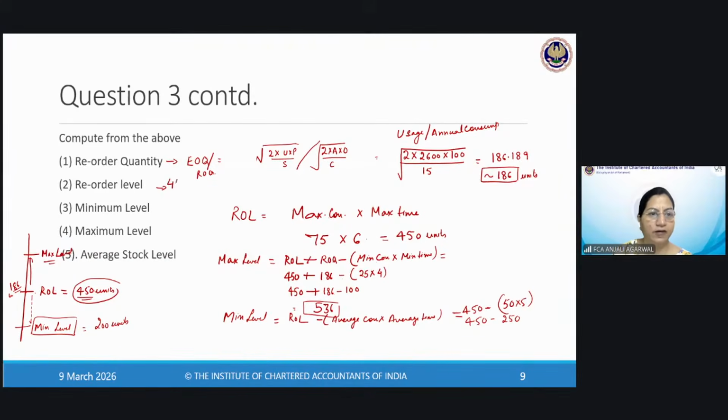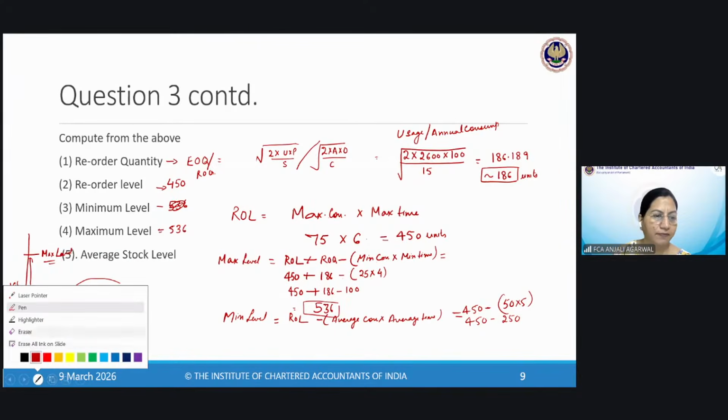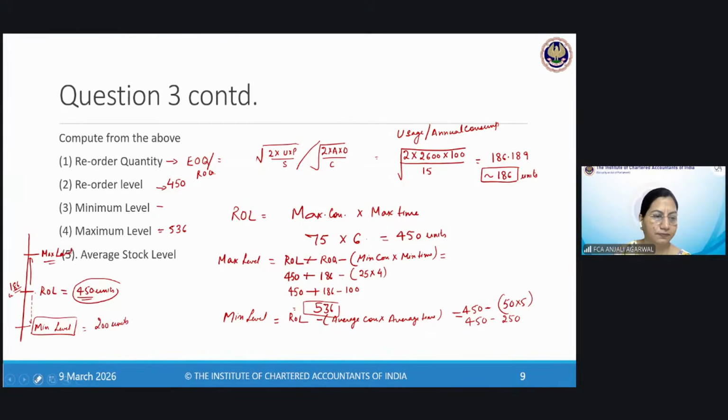So reorder level is 450 units. Maximum level is 536 units. And minimum level is 200 units. And then you have average. Average is minimum plus maximum level divided by 2. So either you can take 536 plus 200 divided by 2, 736 divided by 2, that is 368.